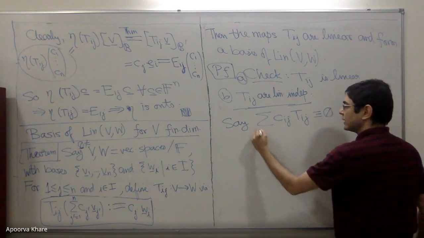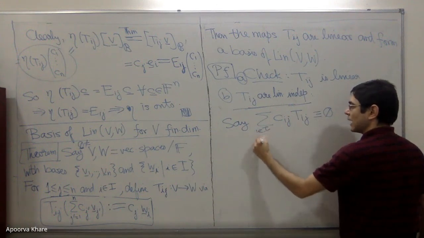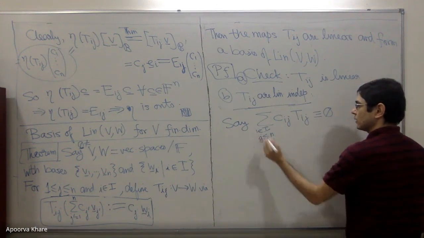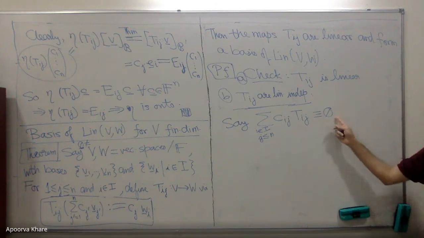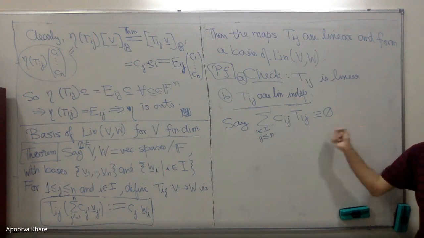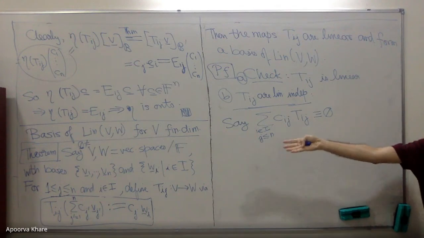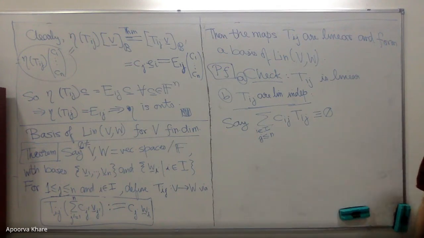And what do I mean by 0? I mean it is the linear transformation 0, i in I and j less than or equal to n. This is a 0 transformation. Well, if it's a 0 transformation on the vector space, then it is equal to 0 when evaluated at every vector, in particular at every basis vector, Vj prime.